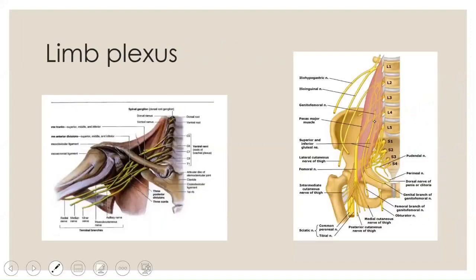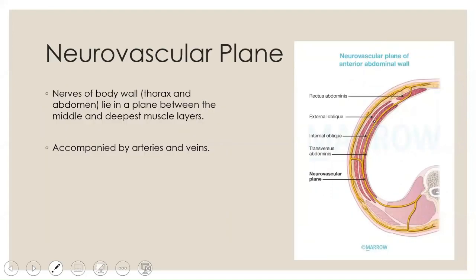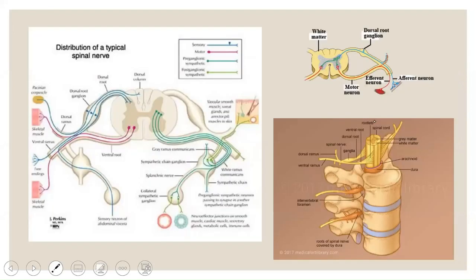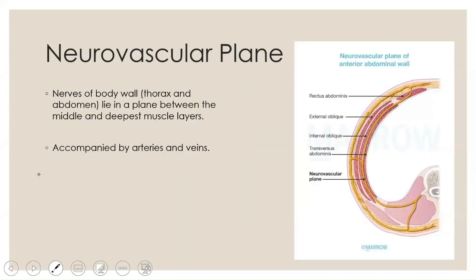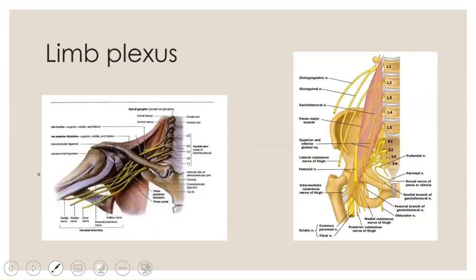And if we talk about the limb plexuses, these anterior nerves get together and form a network. They form nets in the upper limb. In this area, you have the brachial plexus.